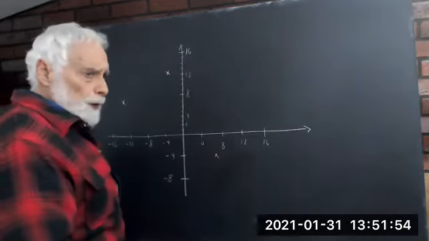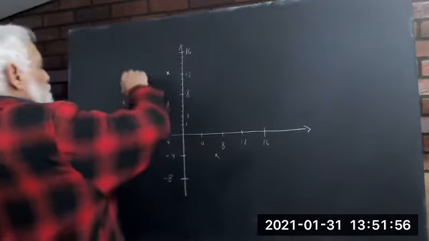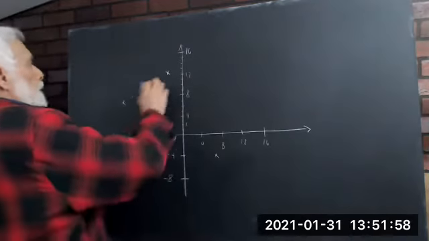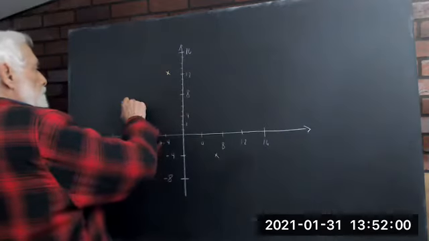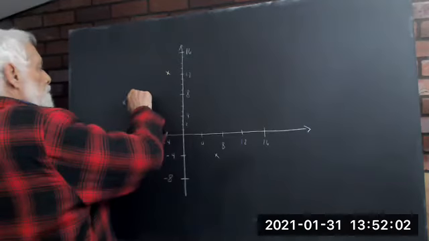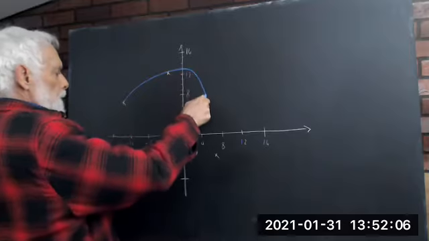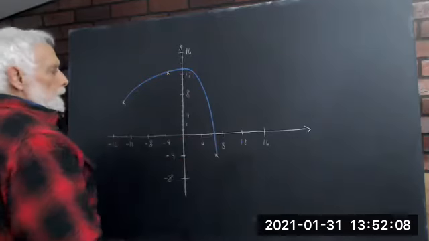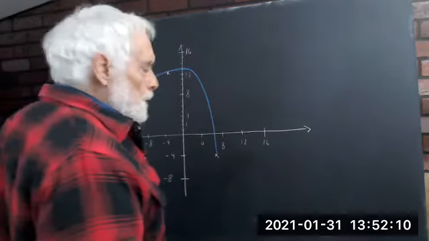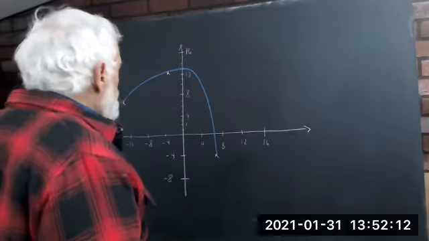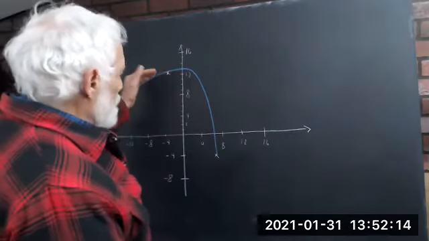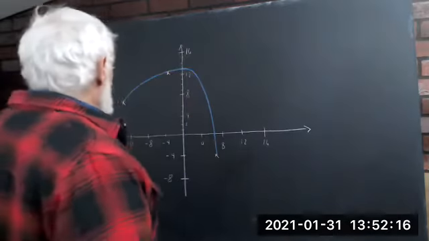I'm going to do that because otherwise I'd have to go up a little higher, and I don't have that much room on my graph. So I'm going to come up like so, come through here, start turning, and then decrease rather quickly. I don't have a sharp point here, but it's a pretty quick turn.